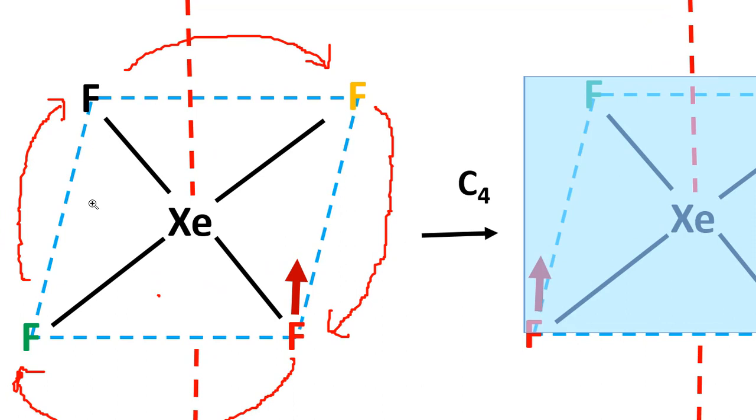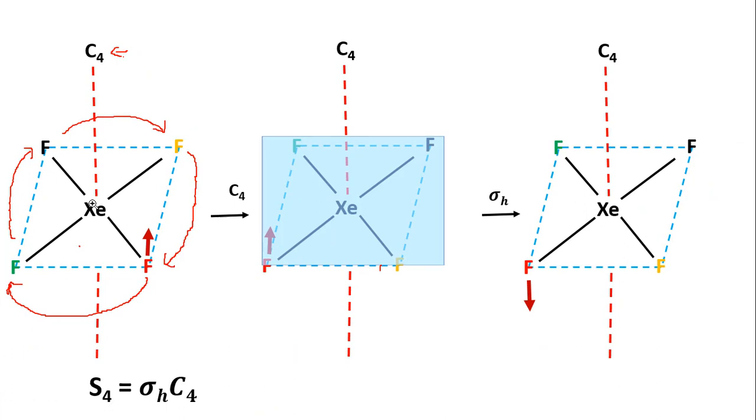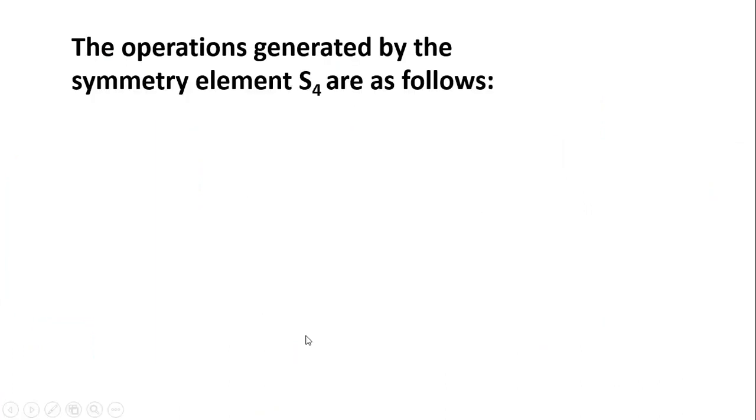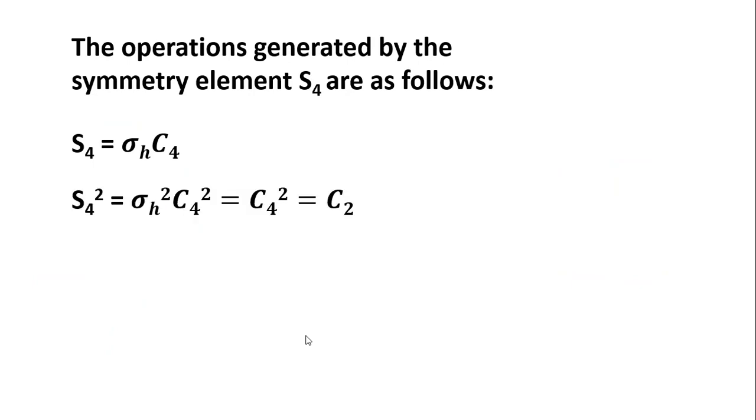That means the initial arrangement is restored after 4 S4 operations, and the operations generated by the S4 can be written like this.